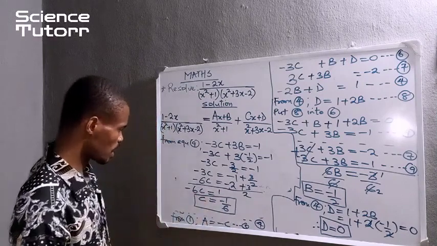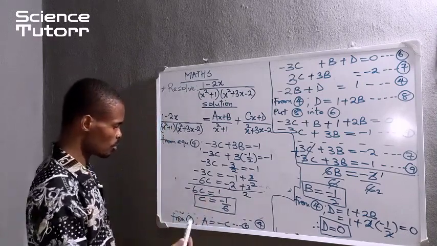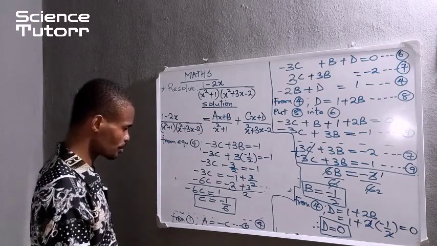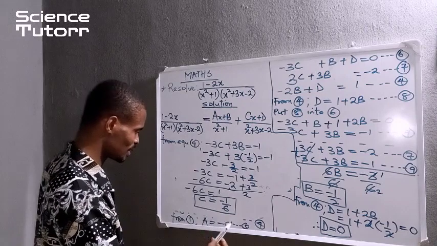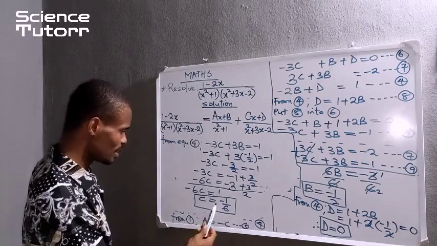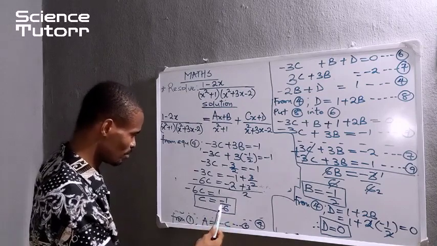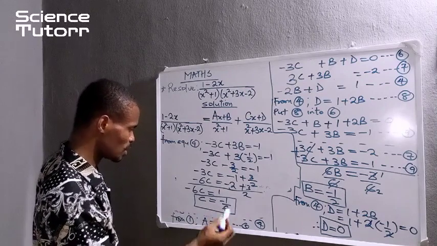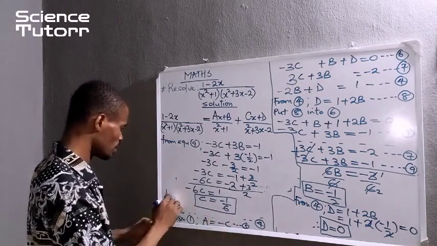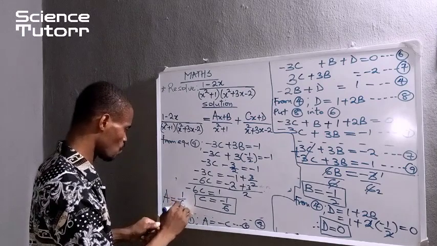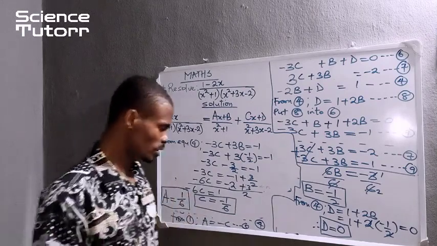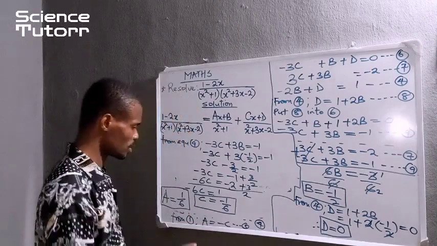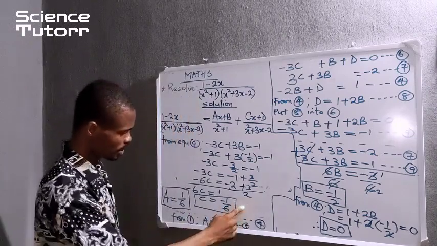Once we've done that, it means that A can be obtained from equation 1 rather. A is equal to minus C, which means A is the negative of minus 1 over 6, which makes A equal to positive 1 over 6. So from one equation, it leads to the other, and it makes the job done easily.